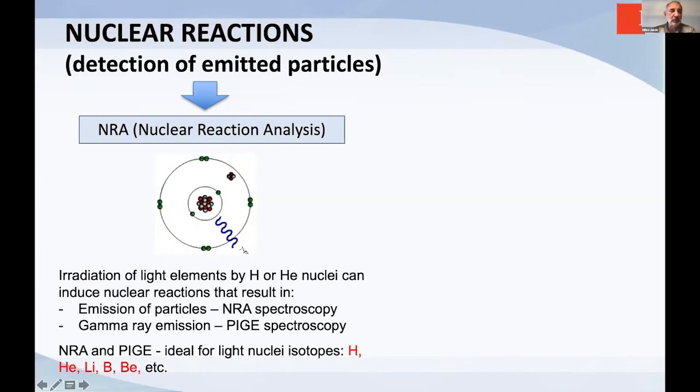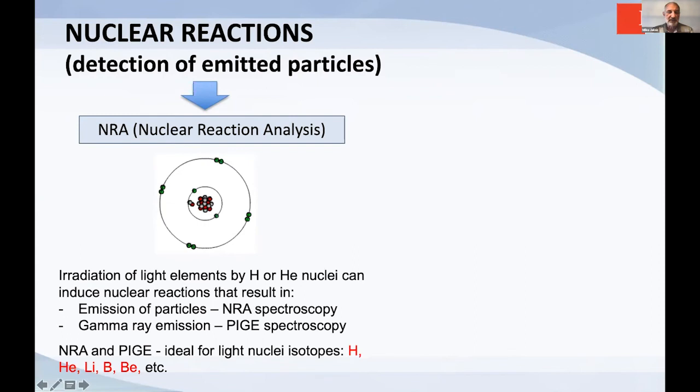So there are two possibilities. The first one is that the excited nucleus emits a gamma ray, which is characteristic for a particular nucleus, or you can have a reaction that emits a product, which is always either a proton, deuterium, or helium ion, which is emitted from the nucleus.